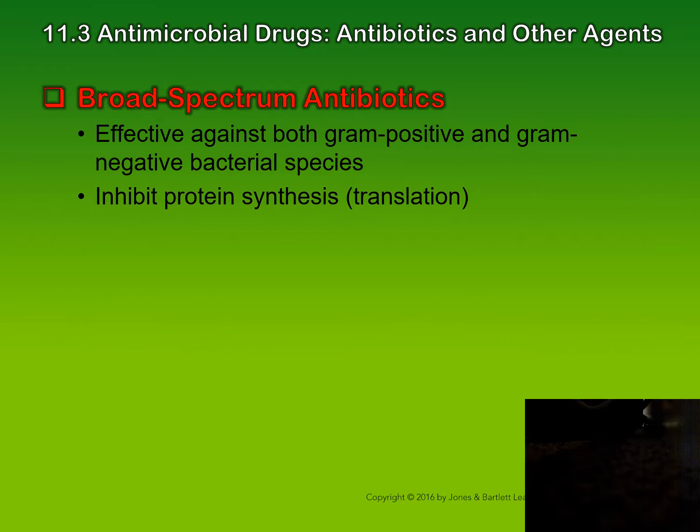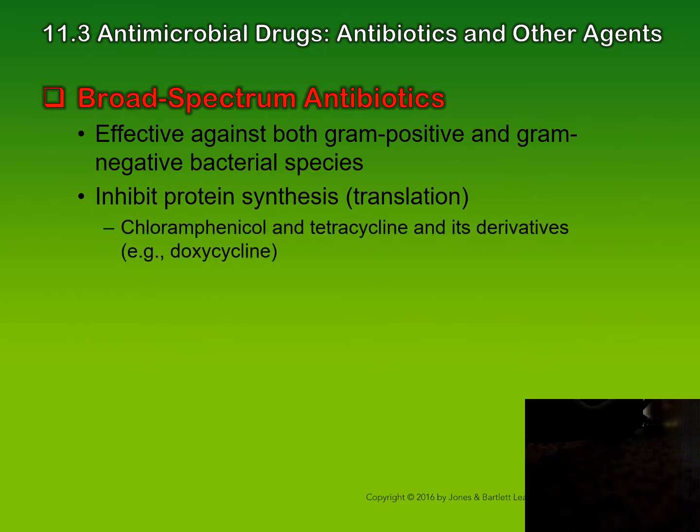So that's why protein synthesis inhibitors are very good as broad-spectrum antibiotics. Chloramphenicol and tetracycline are two of those. Tetracycline is not really used much in humans anymore because there's been a whole lot of animal use of tetracycline, and there are just too many tetracycline-resistant organisms out there.